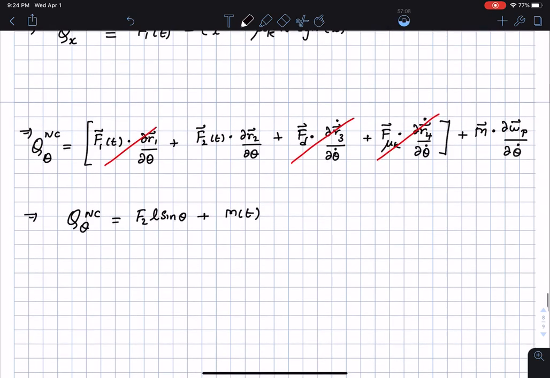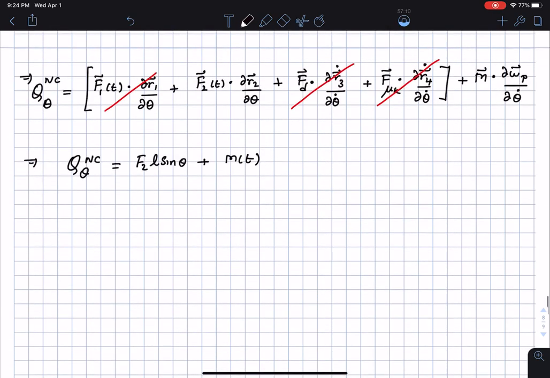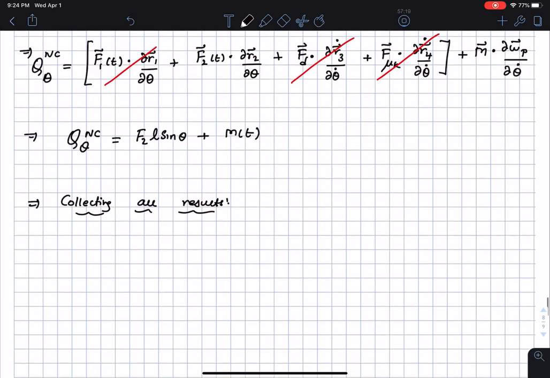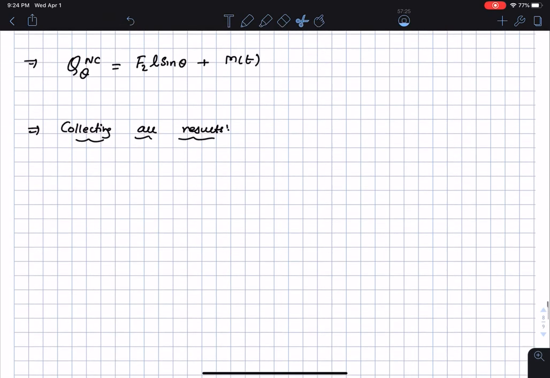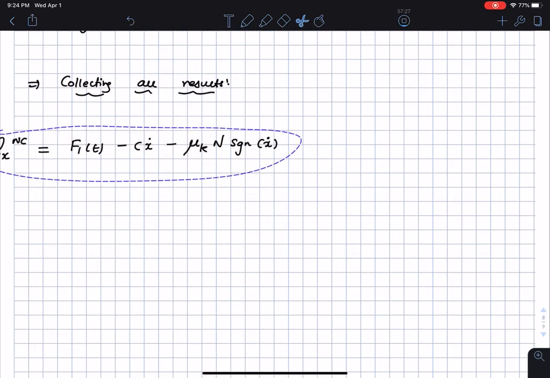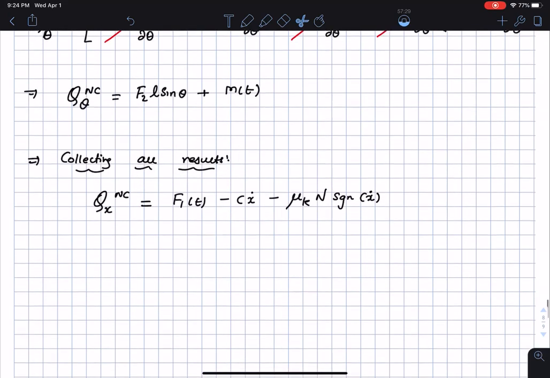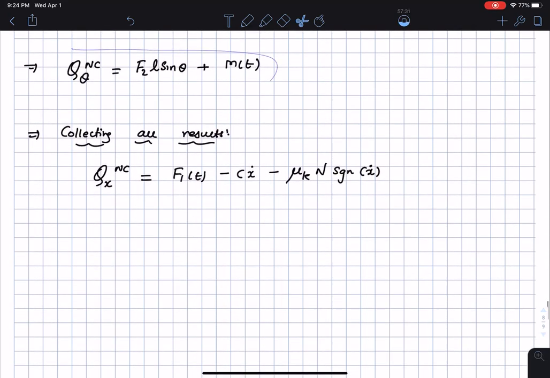And so if I collate all our results together, combining all results, I have Qx nc from here. Okay, so I copy that and I bring that down here. Then I have Q theta nc from here.